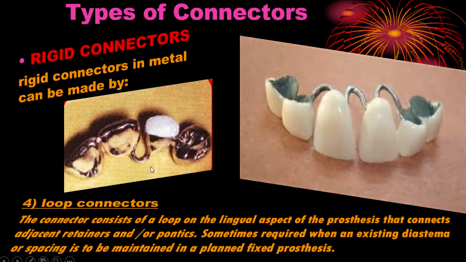Sometimes require when an existing طبعا نستعمل من اكو spacing او يعطيه more aesthetic reserve مثل ما نشوف او diastema. اوكي. يعني بقينا when we sometimes we need to maintain the diastema or spacing بالfixed procedure حتى يعطينا aesthetic أكثر فنستعمل هذا اللوب connector. Okay.